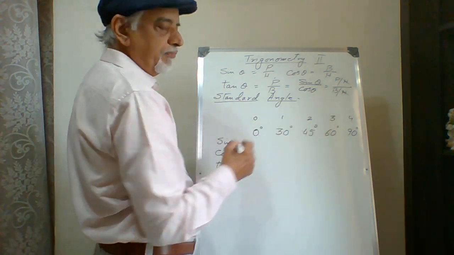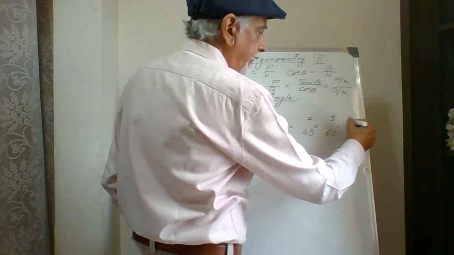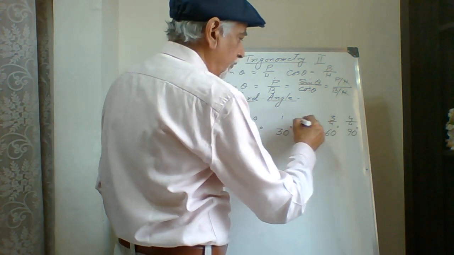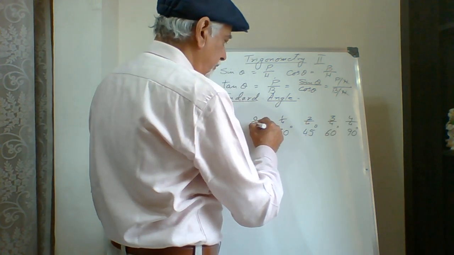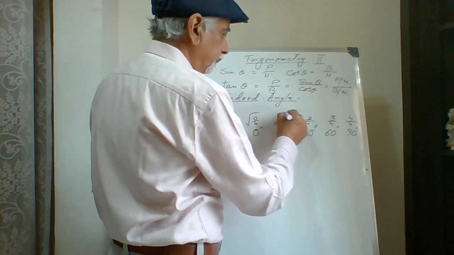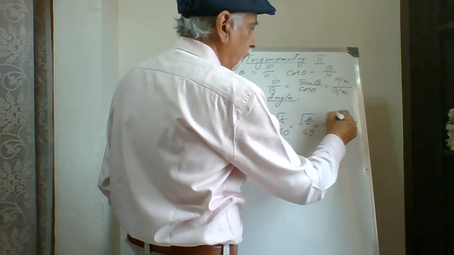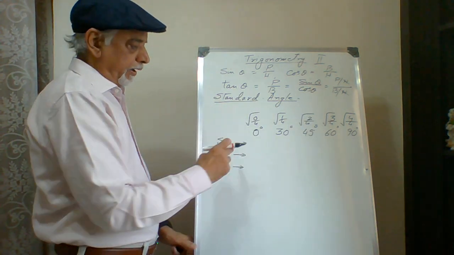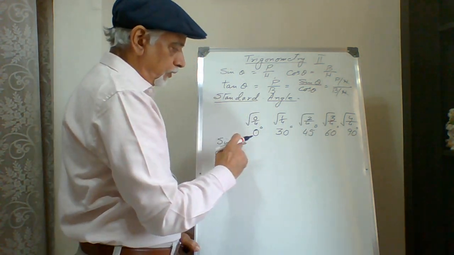The highest number I have written is 4. Then you keep on dividing every number by 4 like this and then take the square root.